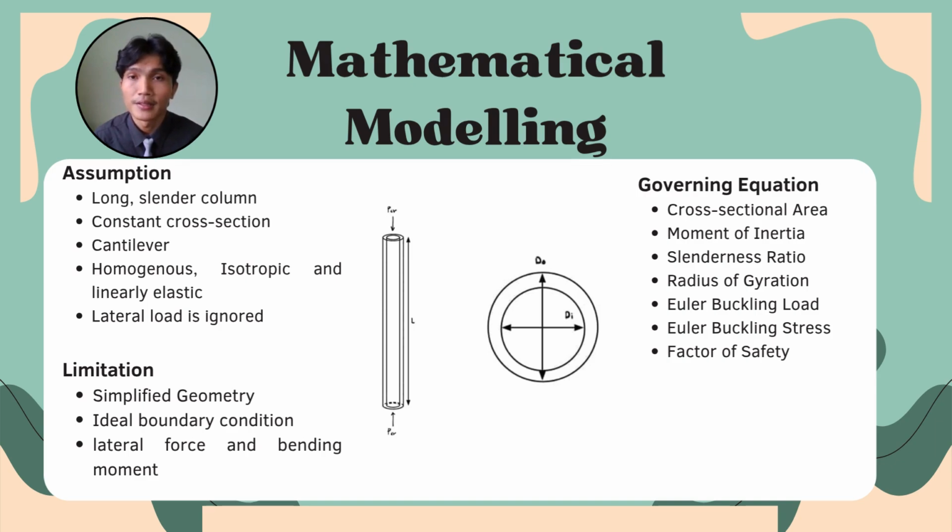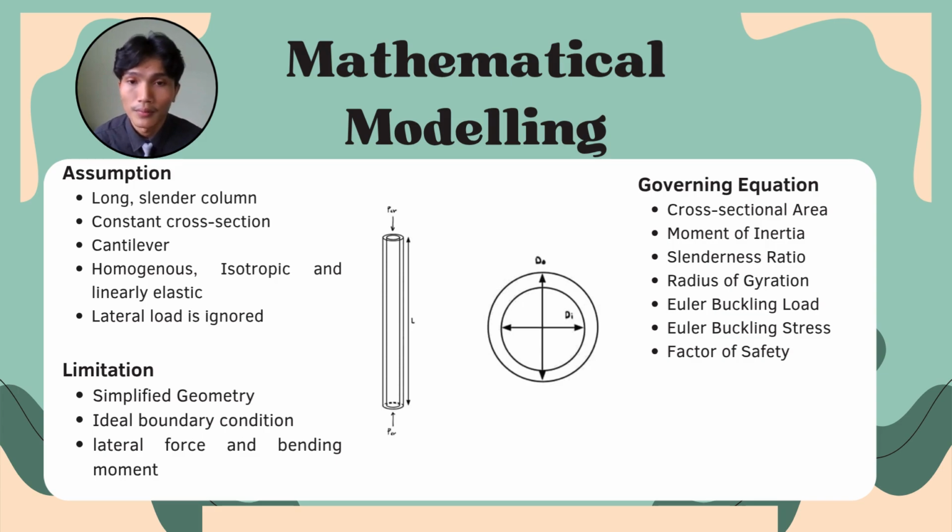And if the slenderness ratio is high, usually around 120, Euler buckling theory becomes valid. Using that, we calculate the critical buckling load and the corresponding buckling stress. Finally, we evaluate the factor of safety, which tells us how much stronger the structure is compared to the actual applied load.